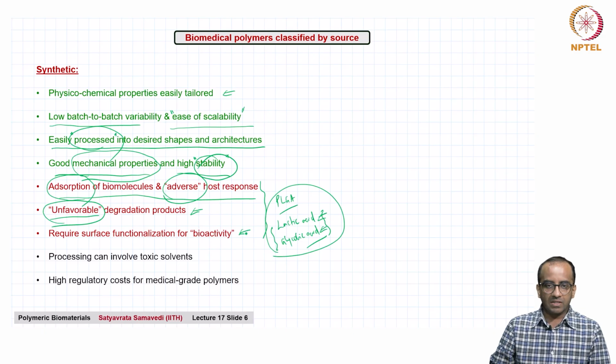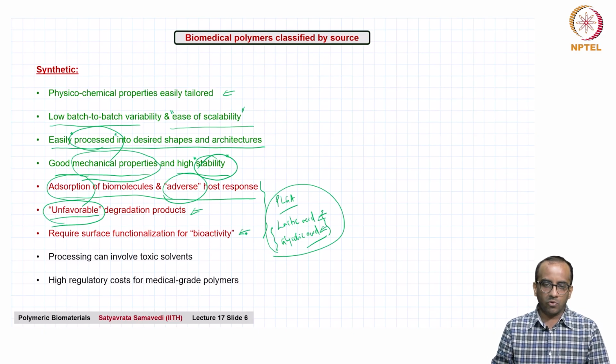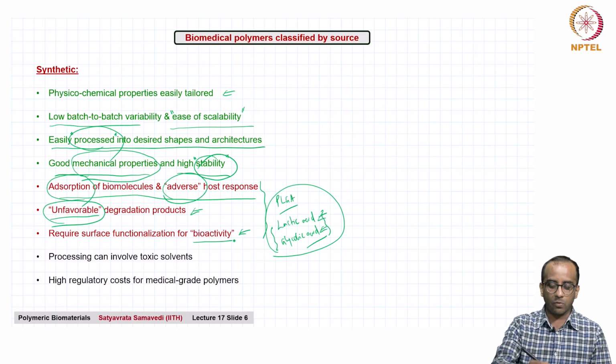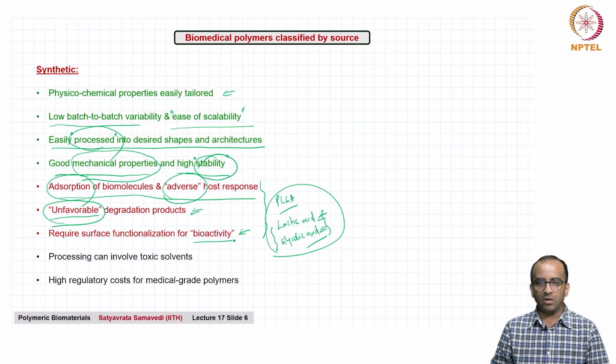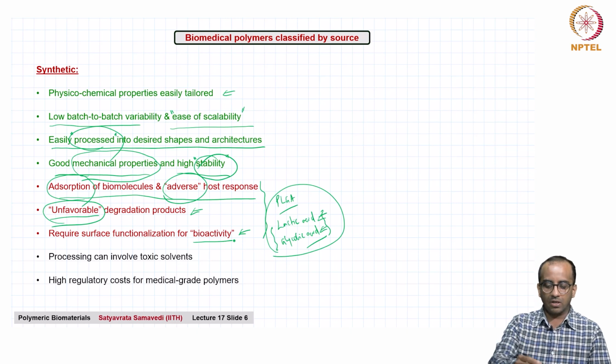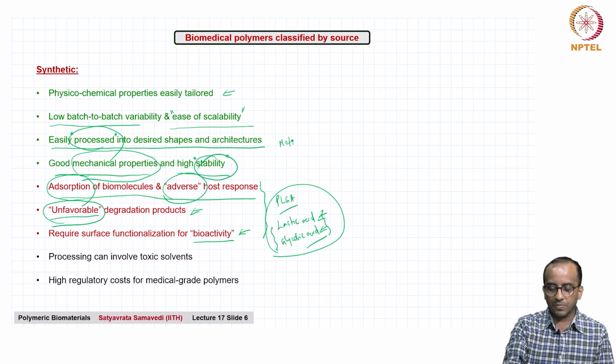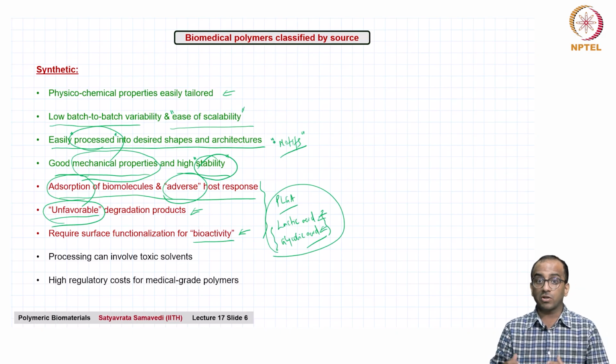And many of these synthetic polymers are not what you would consider bioactive on their own. If you recall some of the earliest lectures we have seen, we have looked at the definitions of bioactivity and bioinertness. And most synthetic polymers are not naturally bioactive. And one way to think about bioactivity is they don't have natural motifs that can be recognized by biological systems.